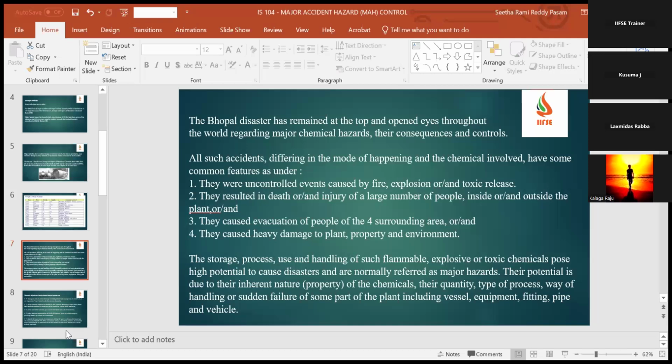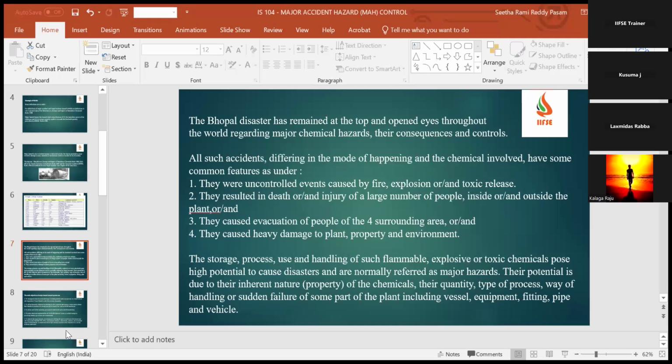These are common, whether it is a fire, an explosion, or a toxic release. Then the storage, process, use and handling of such flammable, explosive or toxic chemicals pose high potential to cause disasters and are normally referred to as major accidents.